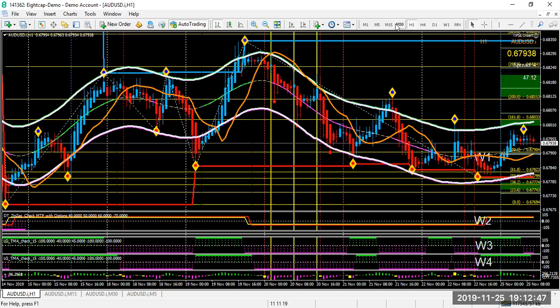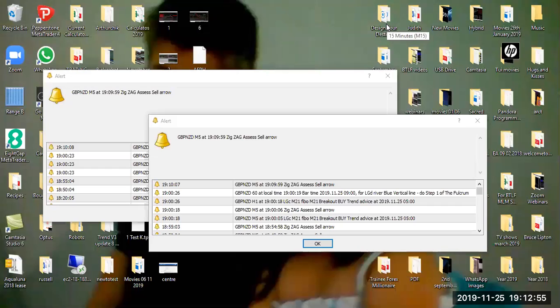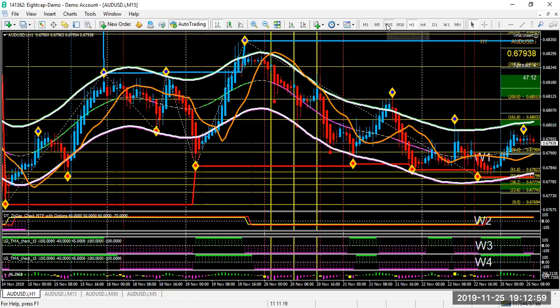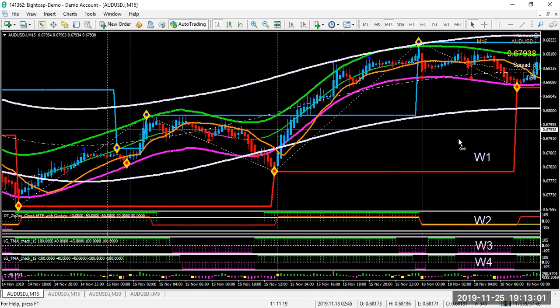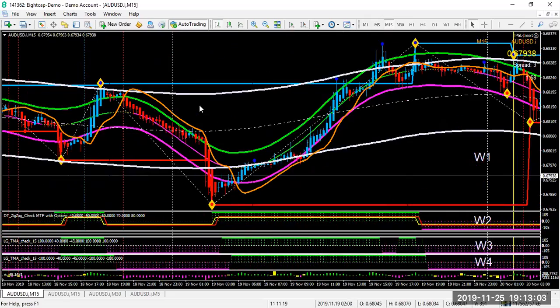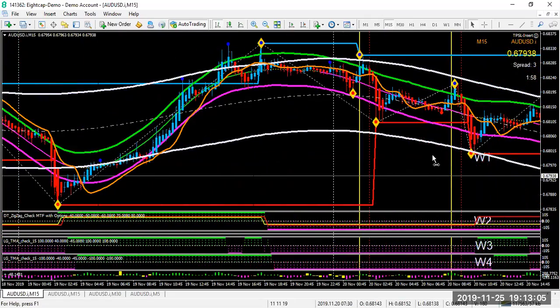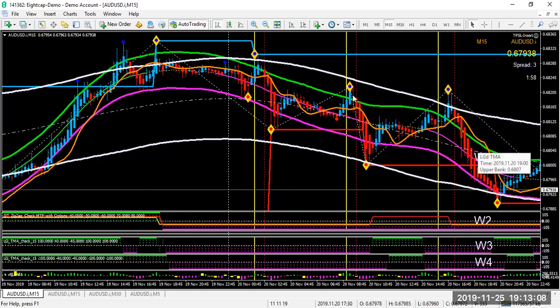Okay, so I'm just going to move that once again down to the 15, and we can see those mini highs in the 1 hour that didn't actually produce a dot.